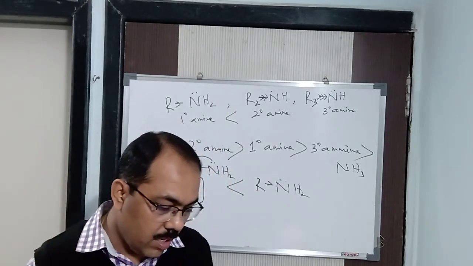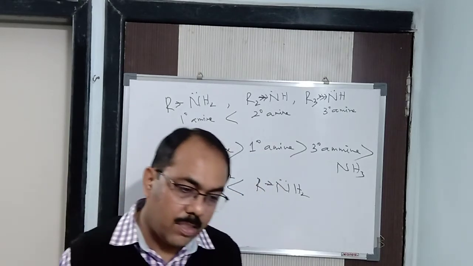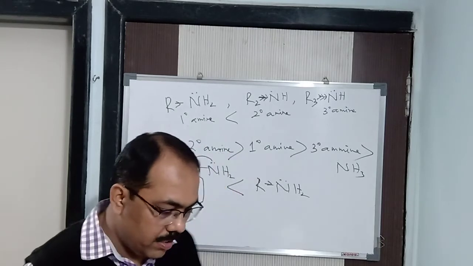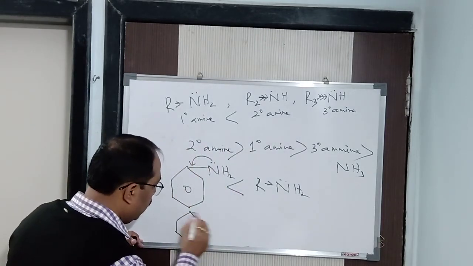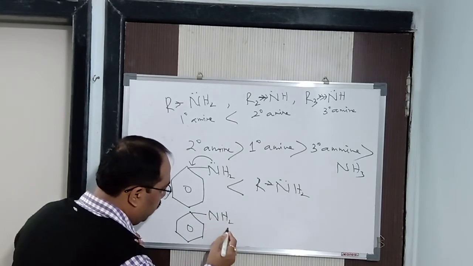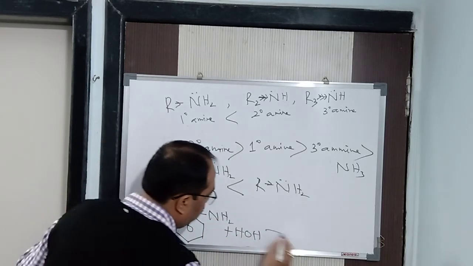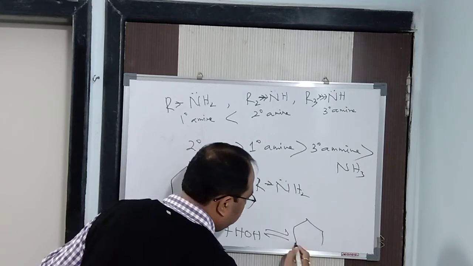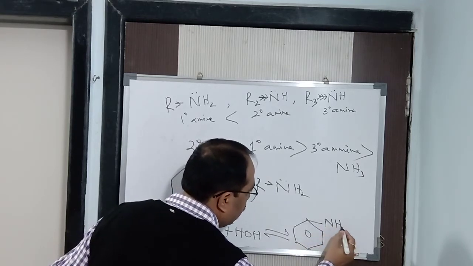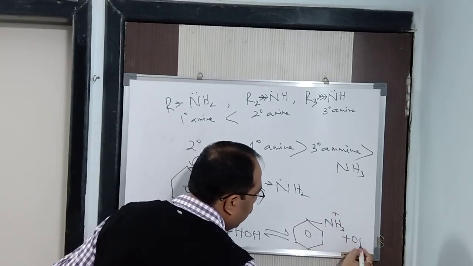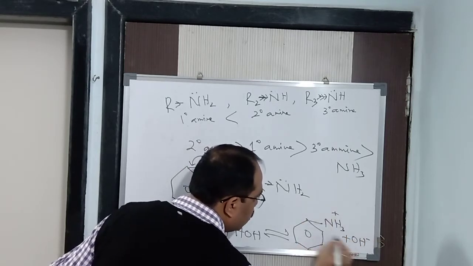So that is in case of aryl amines. When it reacts with water, let me write the reaction, it will be easy for you to understand. NH2 plus HOH, and what you get is the conjugate acid, NH3 plus and OH minus. This is the base, so this is the conjugate acid.